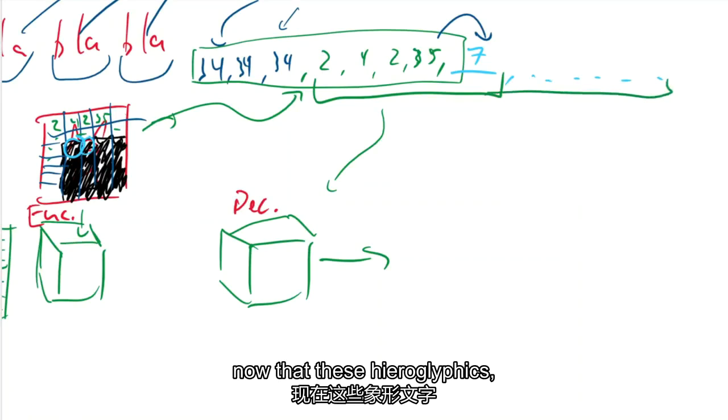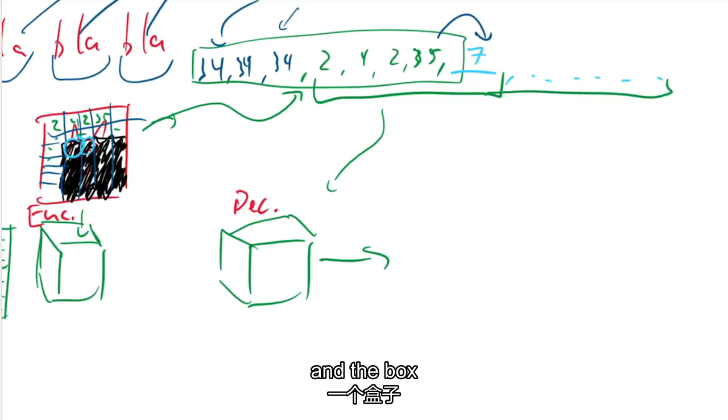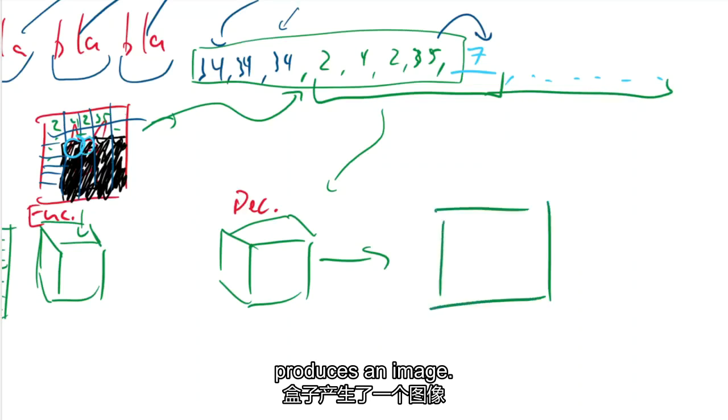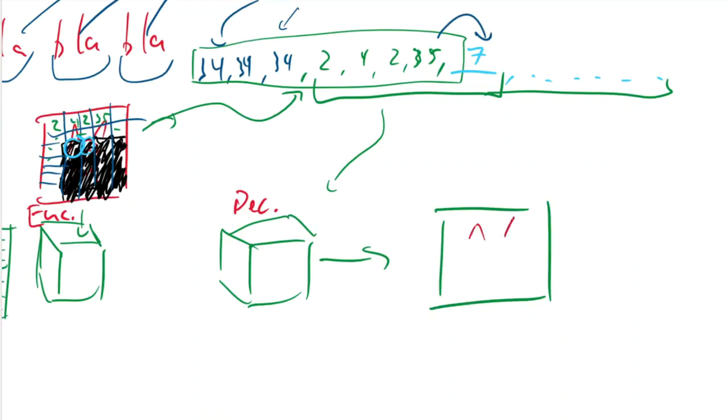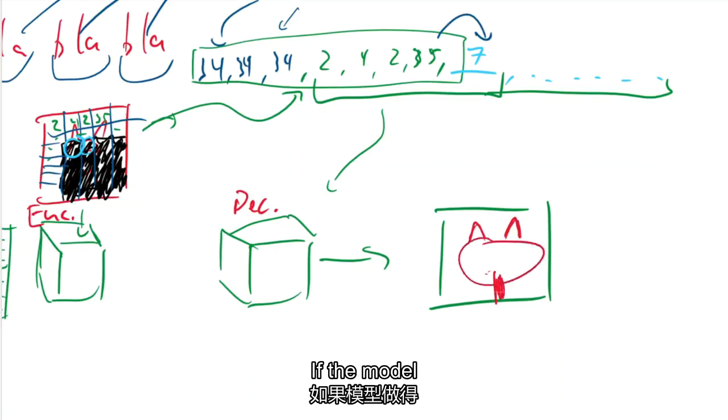And these are now these hieroglyphs. So you have the box, and the box produces an image. The box says, well, this cat here probably reproduces the ears fairly well, because you can describe them exactly. Maybe you also want to copy that over. But then it says, well, it's a cat. If the model has done a good job, there should be some sort of a cat.